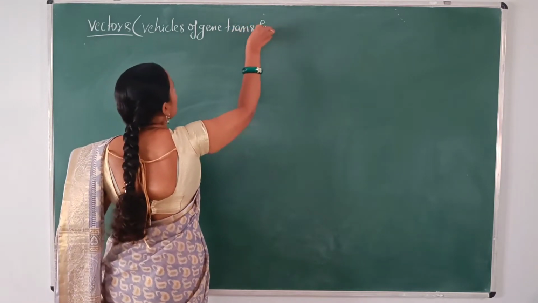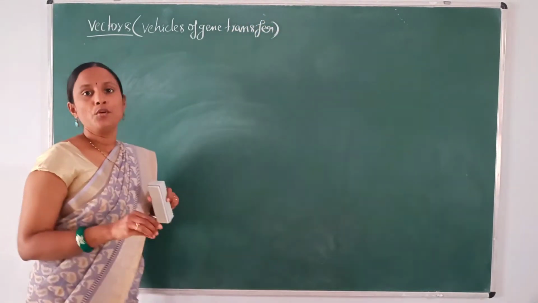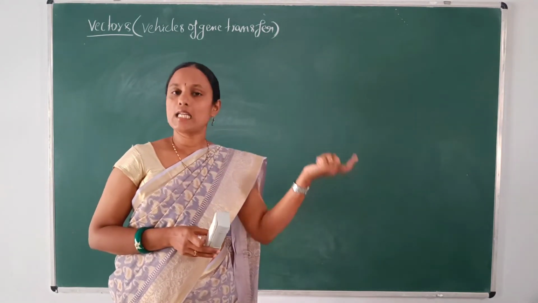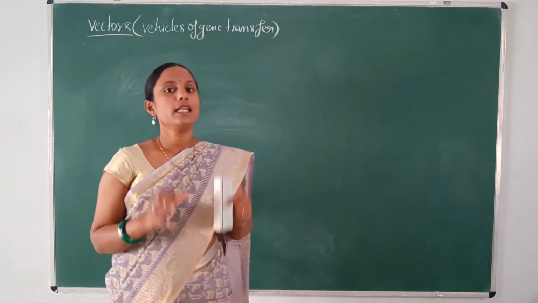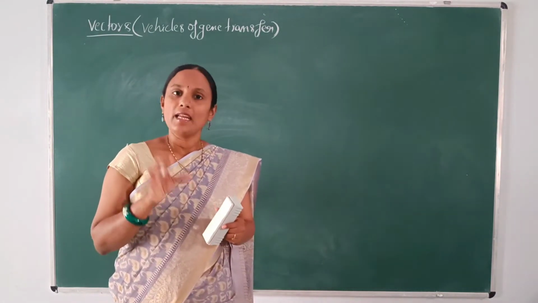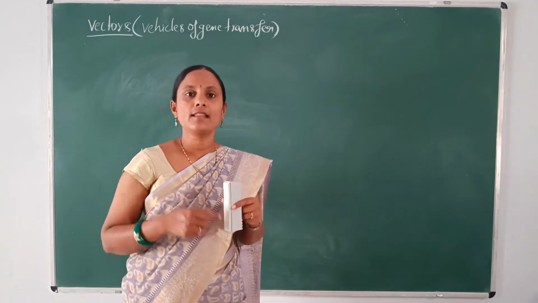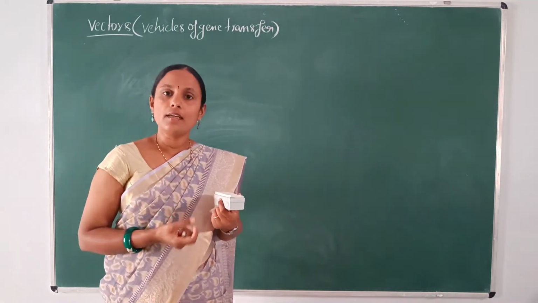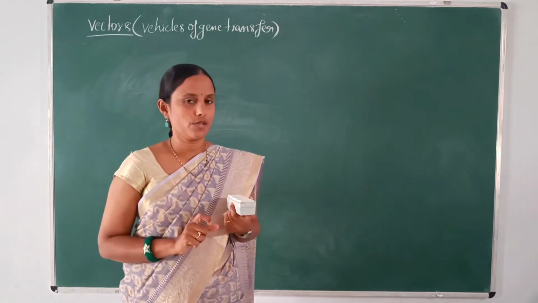because if we want to move from one place to another place, it is of a large distance, then we need a vehicle for fast transfer, right? Likewise, naturally, the cells are capable of uptaking the DNA, but it is a very slow process.